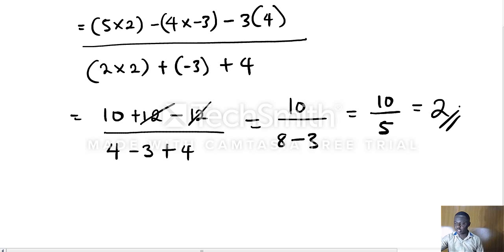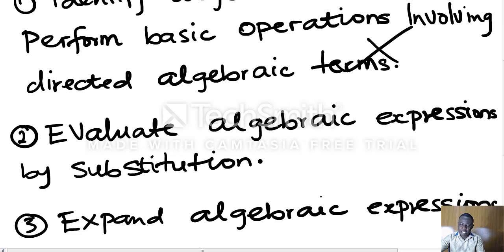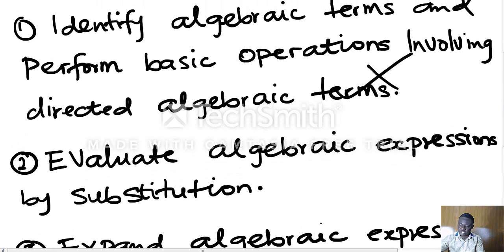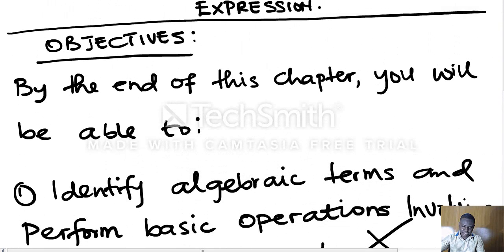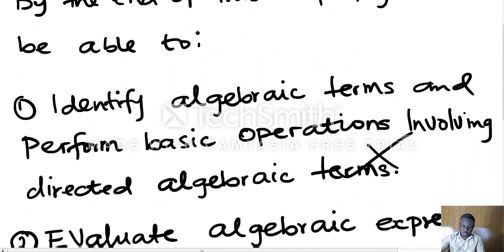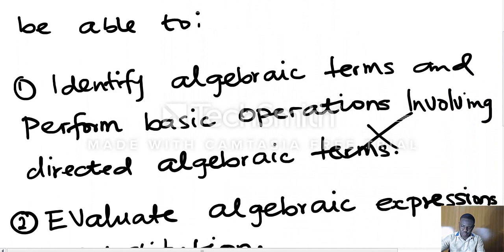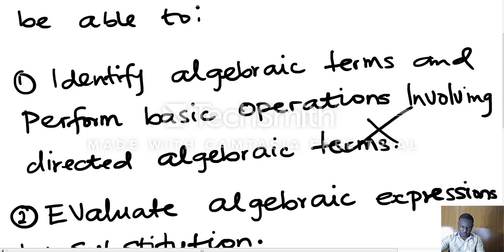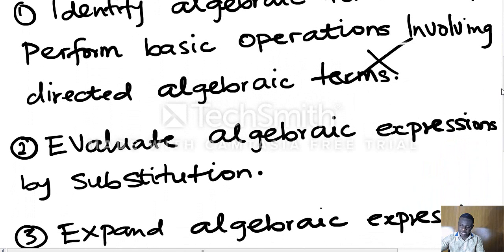That brings us to the end of today's class. Let's go back to our objective. At the first class, we were able to treat the first objective, which says identify algebraic terms and performing basic operations involving directed algebraic terms.